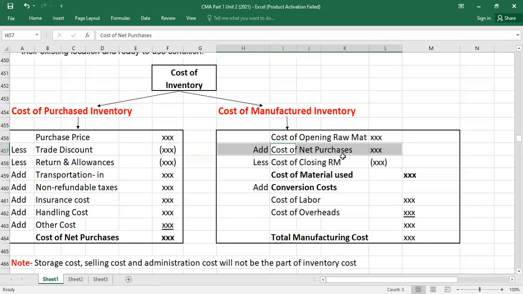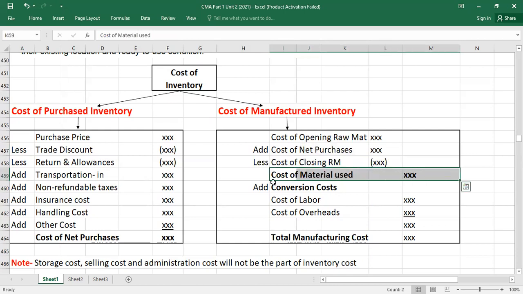And most probably the cost of net purchases will include all these costs which you have covered here. Okay, then you will subtract the cost of closing raw material, like this is the raw material which you have unused by the end of the period. So if you take opening plus net purchases less closing raw material, this is how you can calculate the cost of material used in the production.